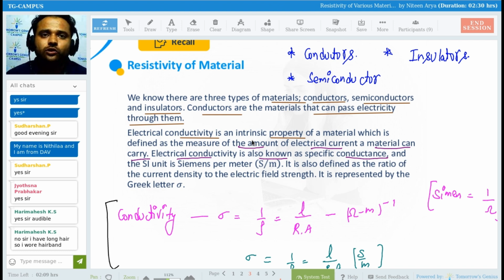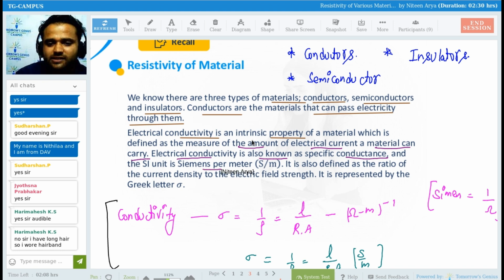As we know, resistivity is also known as specific resistance. So just the reverse of that, conductivity is also known as specific conductance, nothing more than that. Resistance of a unit length or unit area is known as resistivity. In the same way, the conductance of a unit length and unit area of any particular material or wire is known as conductivity. Clear, everyone?